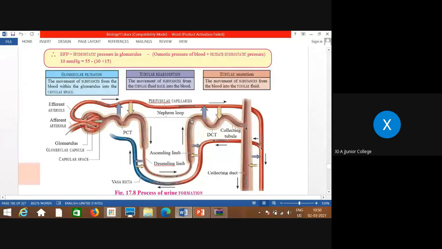Okay, now the next is what? Tubular secretion. The movement of substances from the blood into the tubular fluid is called tubular secretion. Just now I told you. So this tubular secretion takes place in the DCT region and to some extent in the CT region, that means the distal convoluted tubule, and to some extent the collecting tubule. How?